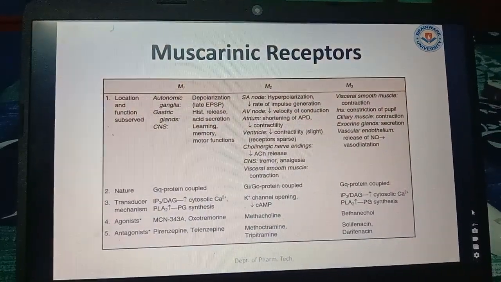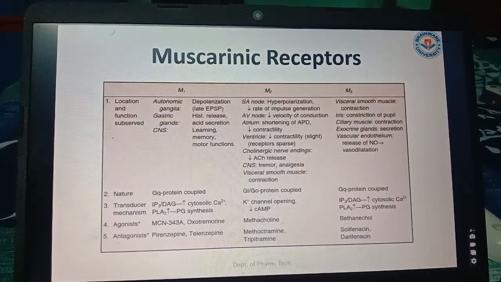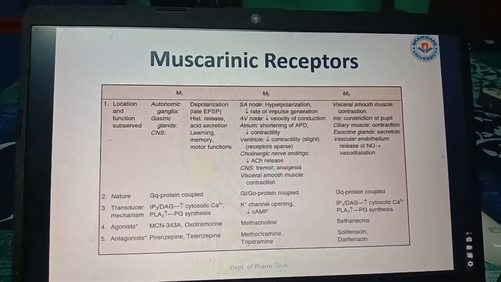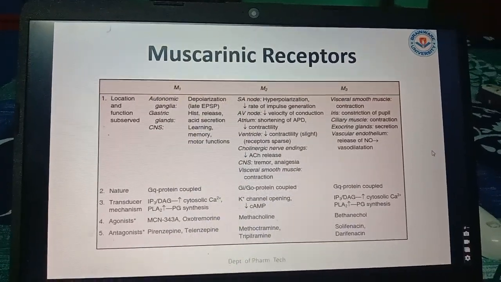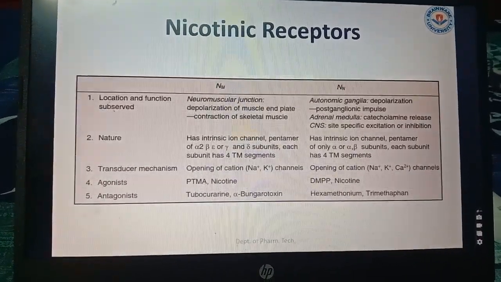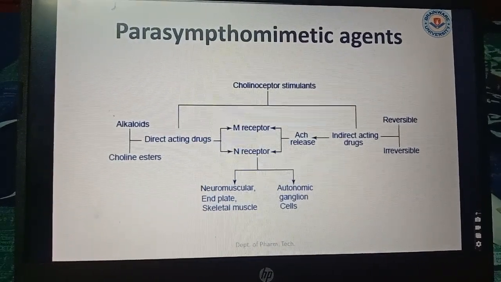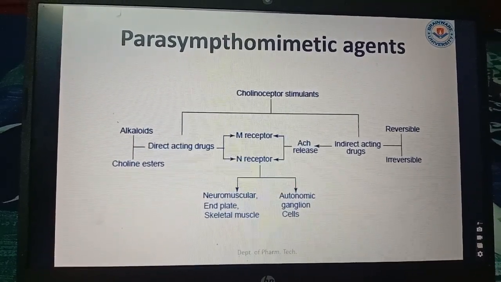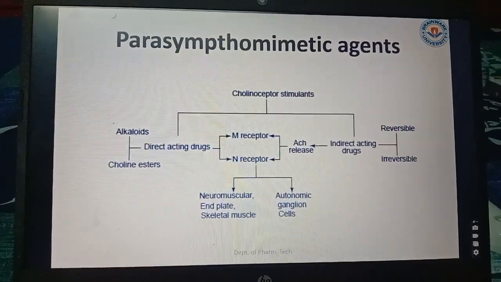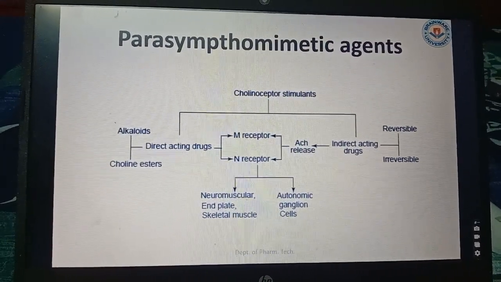Next, coming to the muscarinic receptor, where it is located and where the action will be. Now I'm not going to discuss this elaborately. So coming to the parasympathetic agents, that means those which mimic the action of the parasympathetic neurotransmitter.